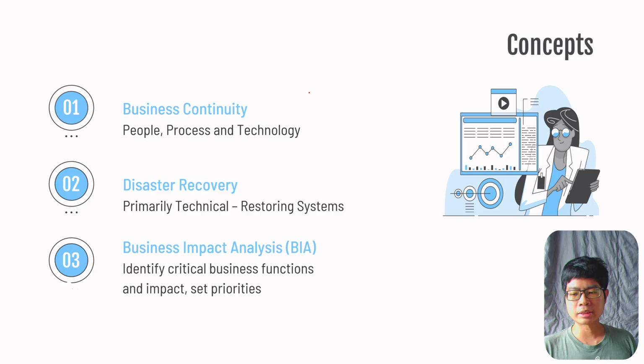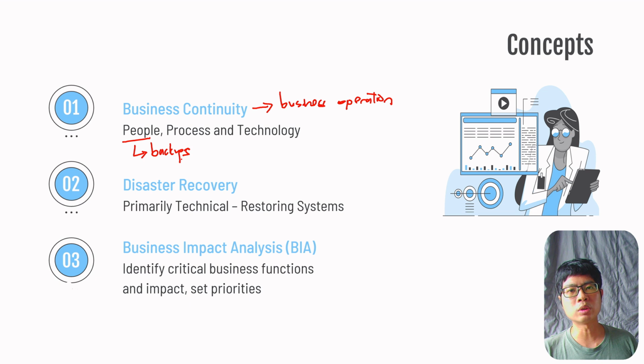Okay, when we look at business continuity, we are looking at what would help the business to recover its operations. So it's looking at more than just technology. A lot of times we look at people, whether there are backups in place, people who can step into a certain role to replace someone who may not be available for certain reasons. We are also looking at processes.